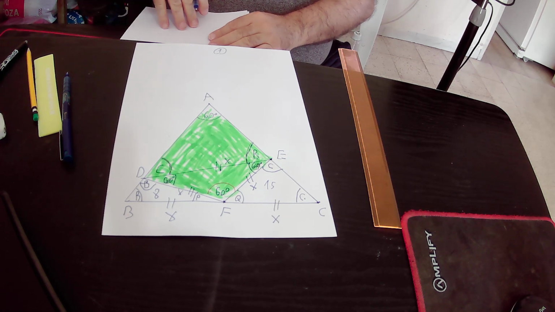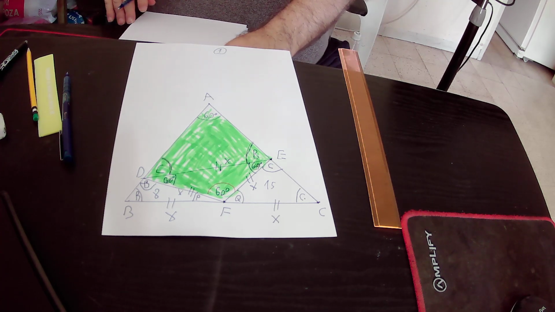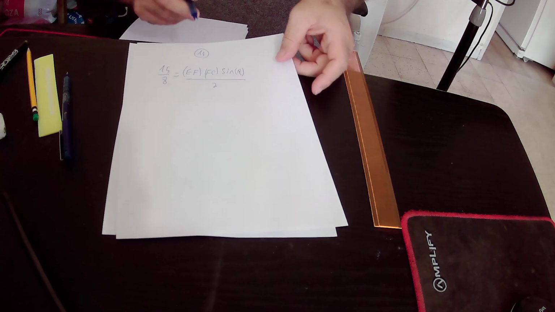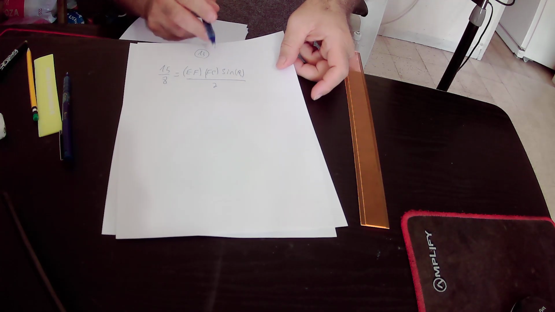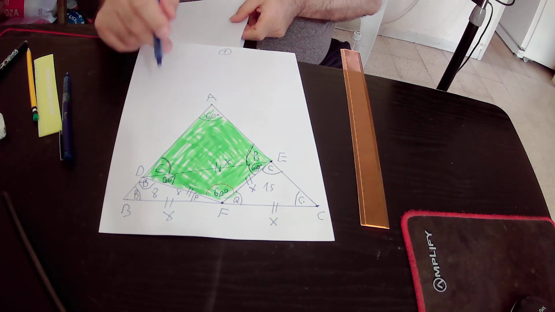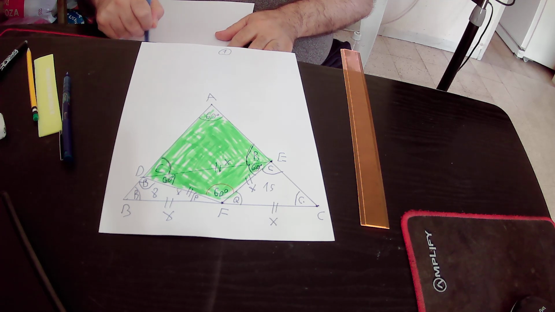Okay, so the area of the big triangle EFC will be equal to EF times FC times sine Q over 2. And the area of the small triangle DBF will be equal according to the formula that I presented to you.